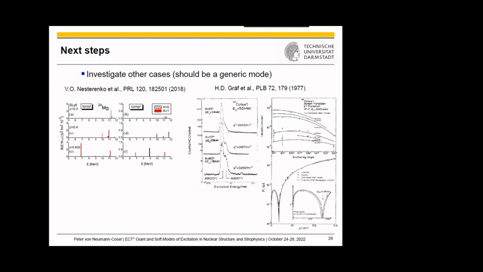So let's stick to nuclei which are N equals Z nuclei or close to that, like nickel 58. In nickel 58, there is no neutron skin. So I already discussed the predictions for magnesium 24. This is a kind of obvious case to look at. And I think we will try to do that.